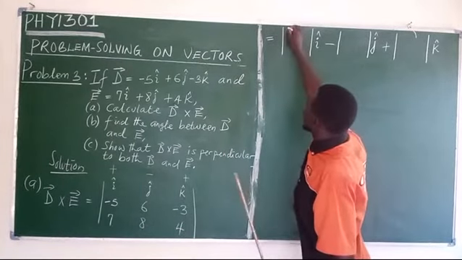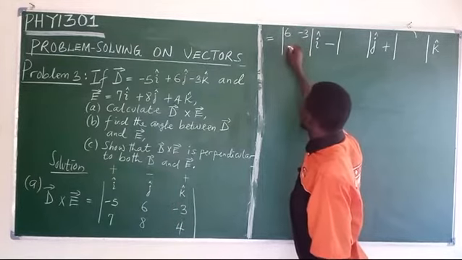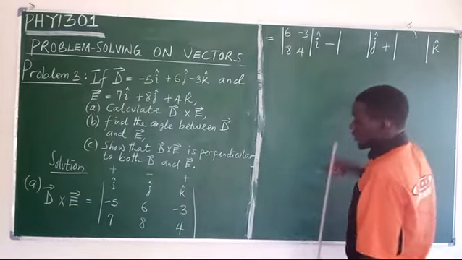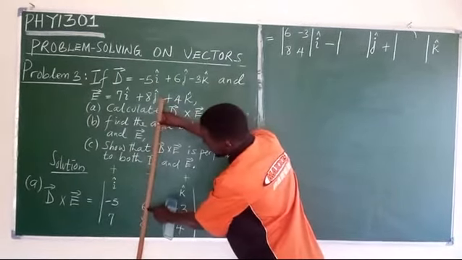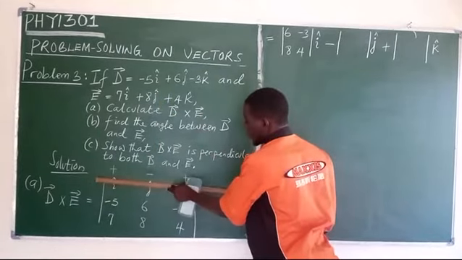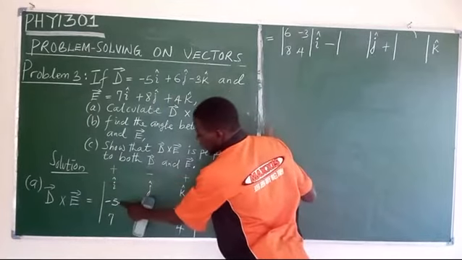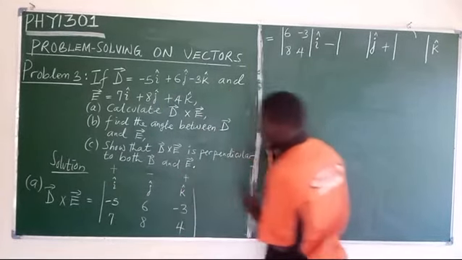So I will write them here, 6 here, negative 3, and 8 here, 4. I will do the same thing for J. Under J hat, I will ignore this one and this one. If I ignore this and this, it means I will be using these numbers, negative 5, 7, negative 3, 4.